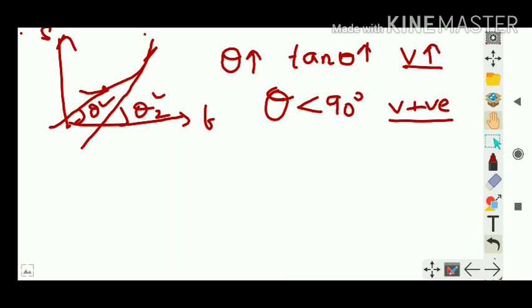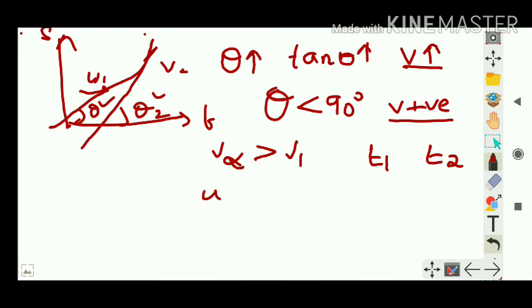Velocity is positive and increasing means, if I take two scenarios, suppose this is v2, this is v1, so the new velocity v2 is greater than v1. Let's say t1 is the time for velocity v1, and t2 is the time for velocity v2.